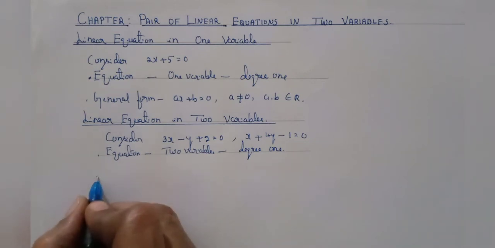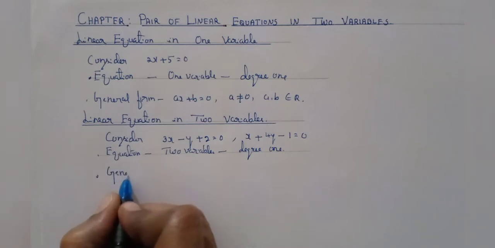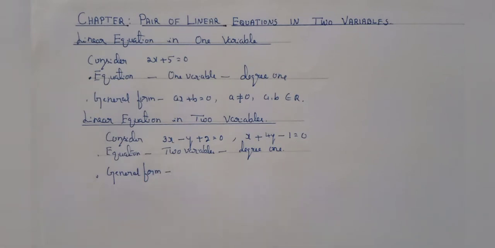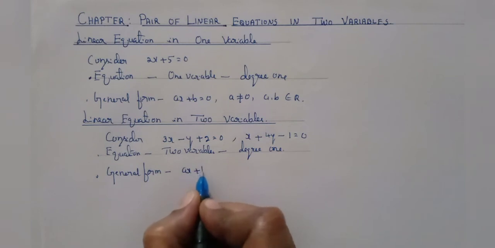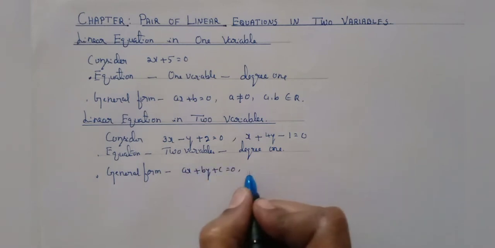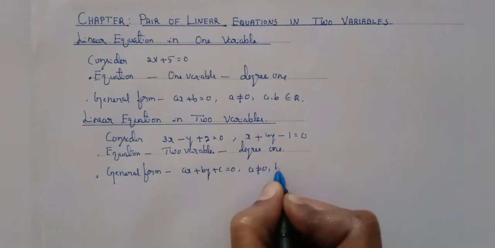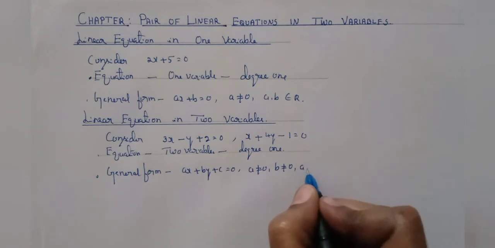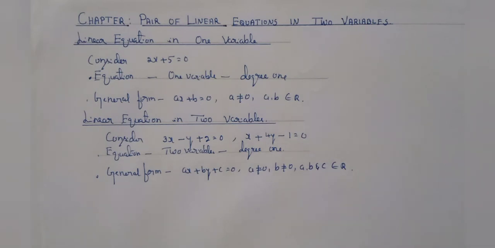The general form of a linear equation in two variables is ax plus by plus c is equal to 0, where a is not equal to 0 and b is not equal to 0. A, b and c are real numbers.